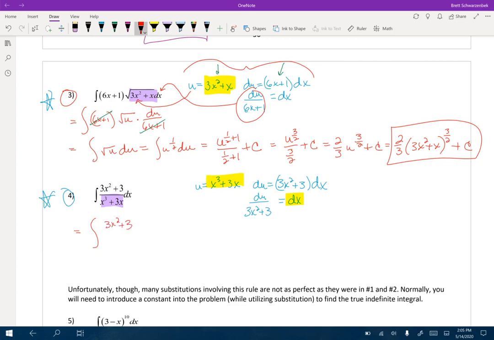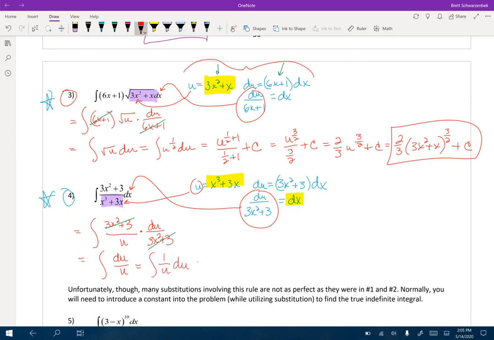We have that is over now u. And we have a dx that is equal to du over 3x squared plus 3. Okay, if you look closely, it's a perfect match, and these guys are gone, and all we're left with is du over u. Okay, remember that's the same as 1 over u du.